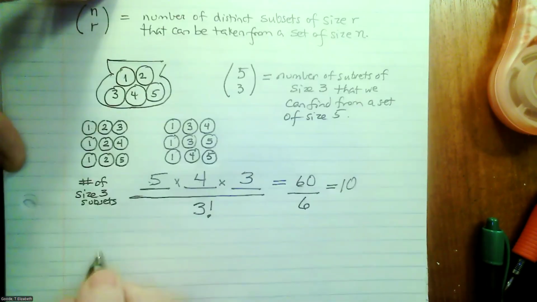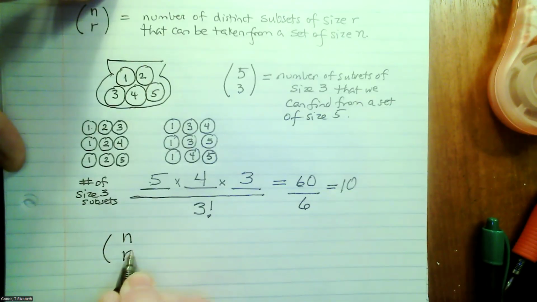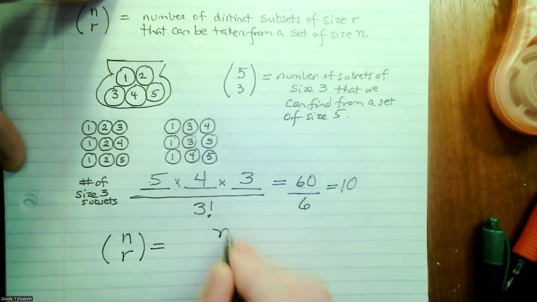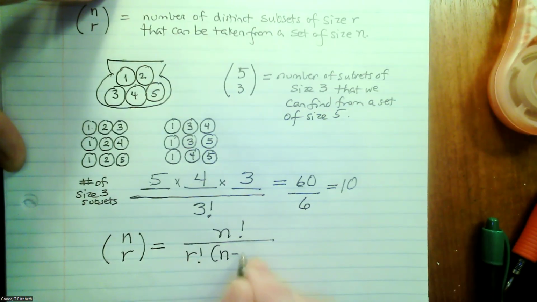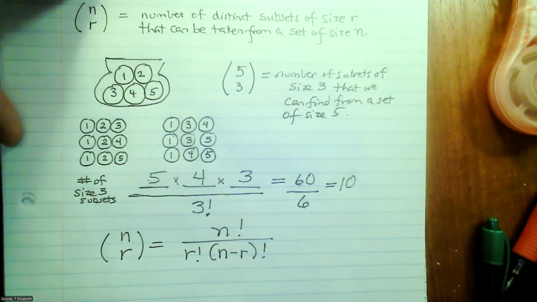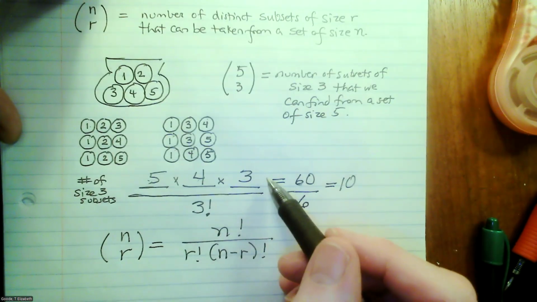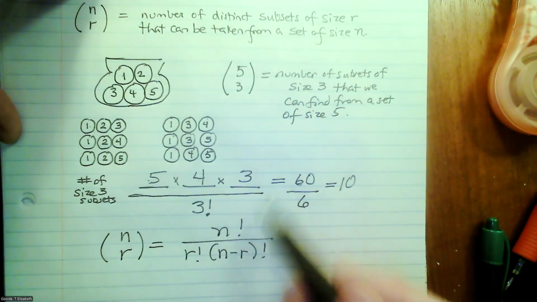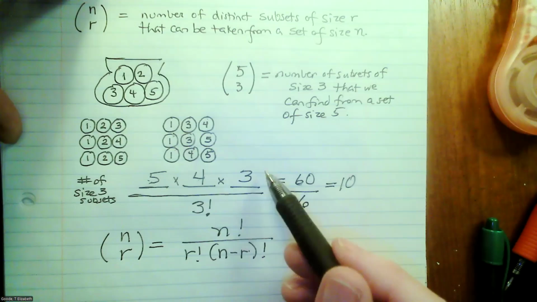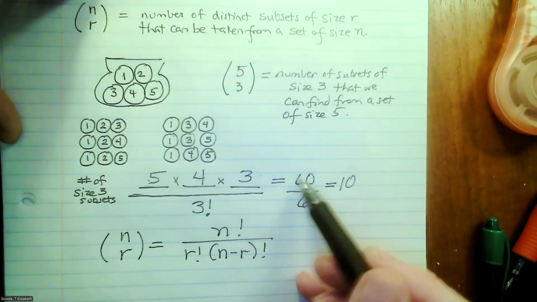It's 10. So yes, the formula for n choose r is n factorial divided by r factorial times n minus r factorial. I've already gotten rid of the n minus r factorial because I didn't say times 2 times 1 here.